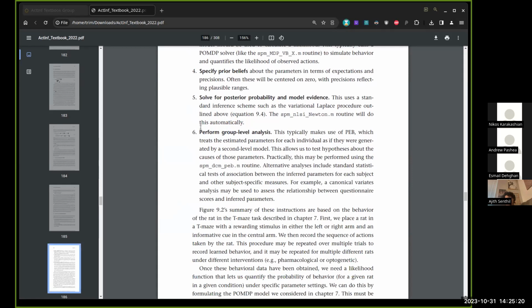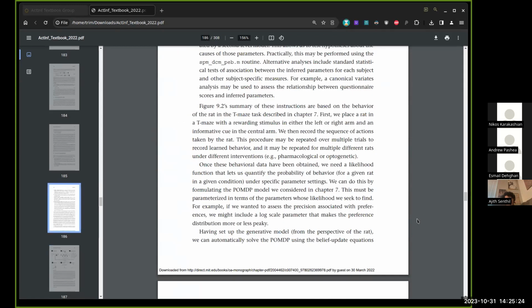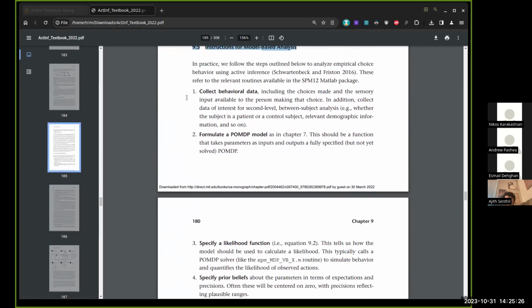So the steps are summarized in figure 9.2. First, collect data, or you might collect data later, and you might do all these other steps earlier, like if you're going to pre-register the study or do a simulation or a statistical power calculation. So you don't have to collect the data first.